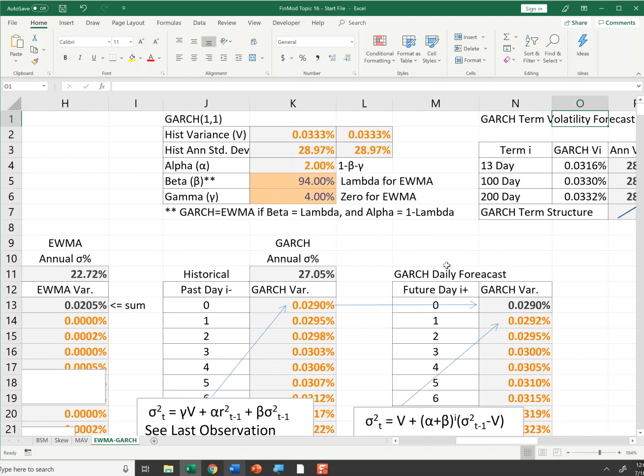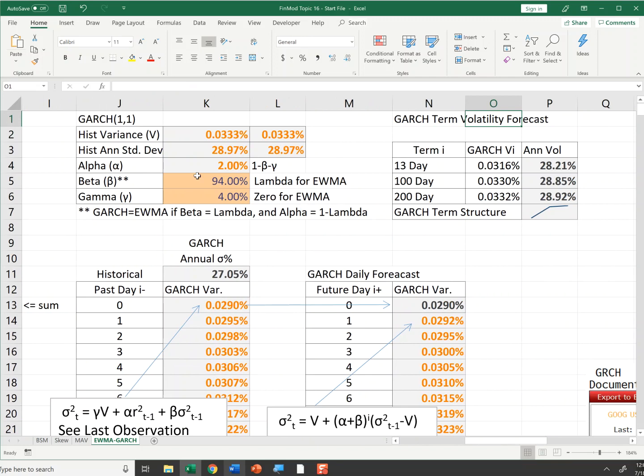I want to now estimate the GARCH volatility, and I want to use a beta of 0.94, which is my lambda in EWMA, and I'll set my alpha equal to 1 minus that, and let's set long-term volatility to 0. So I'm going to set my beta to 94%, alpha to 6%, and my gamma, the weight applied to long-term volatility, to be equal to 0.